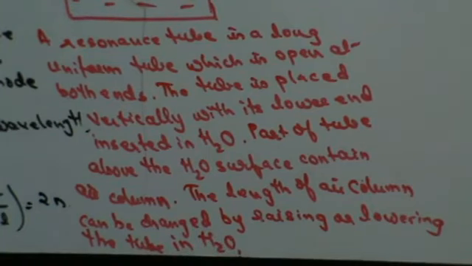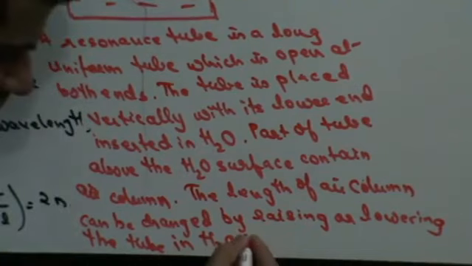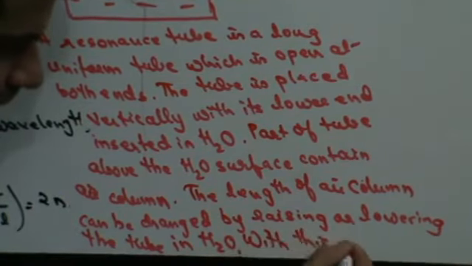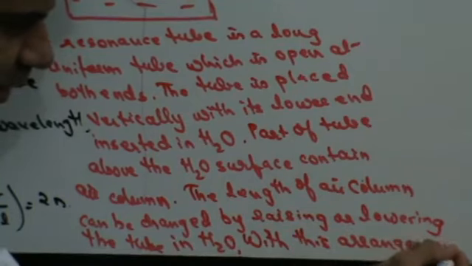Right? Now, with this arrangement, we have an air column in the tube which is closed at one end by the surface of the water, whose length can be varied. What's the advantage of this arrangement?